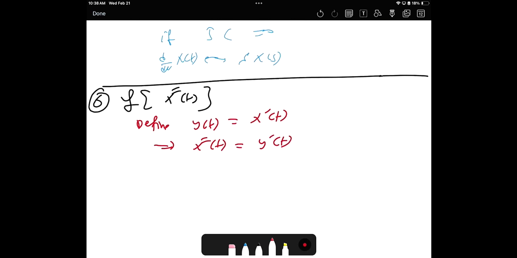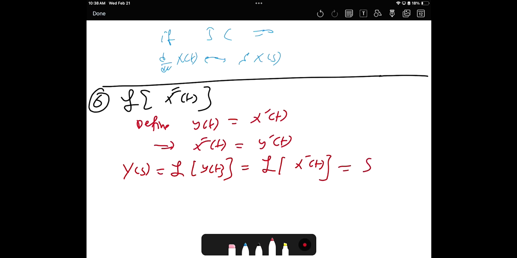So to find the Laplace transformation for y, Y of s equals the Laplace transformation of y of t, which is the Laplace transformation of x prime of t, and the Laplace transformation of x prime of t is what? s X of s minus x of 0.